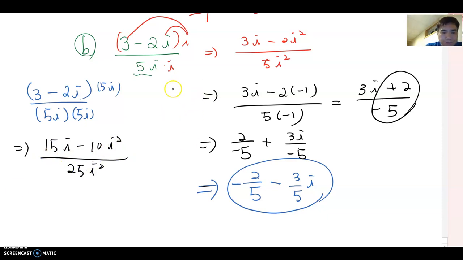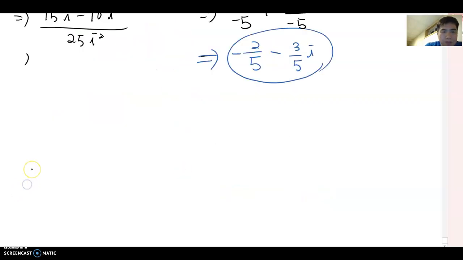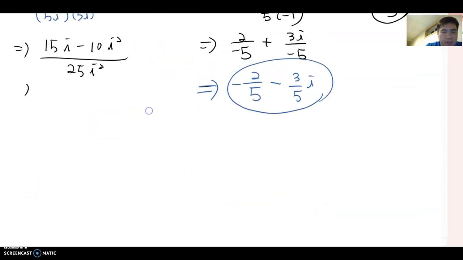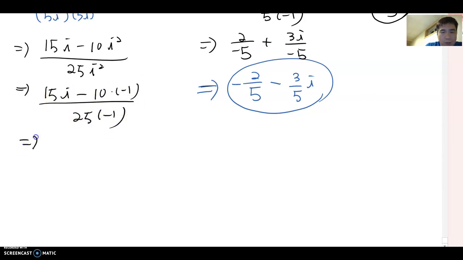Therefore, 15i minus 10 times negative 1 over 25 times negative 1, which is 15i plus 10 over negative 25.